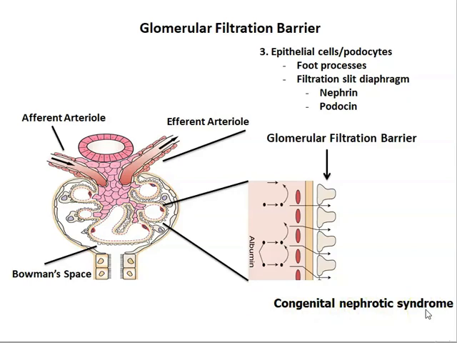In congenital nephrotic syndrome, the child is born with malformation of the filtration slit because of abnormalities of the gene that encodes the protein nephrin or podocin. So the child is born with high protein in the urine, which is proteinuria, as well as hematuria, edema, and this also might result in kidney failure.